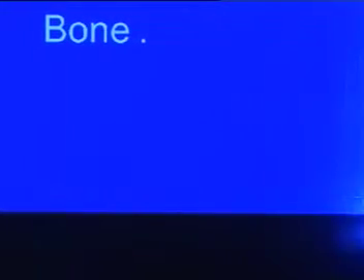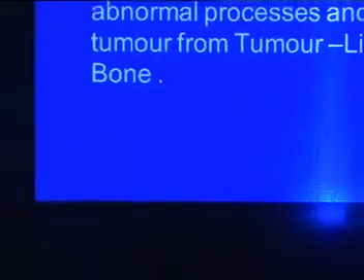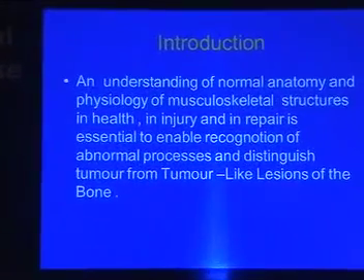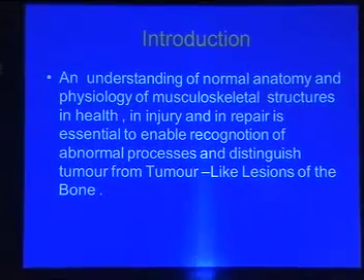So let's see how resolving the challenges for a musculoskeletal pathologist. Most pathologists see a lot of skin biopsies, they see a lot of GI biopsies, but the general pathologist does not see a lot of bone biopsies.